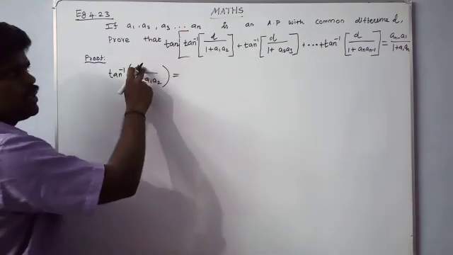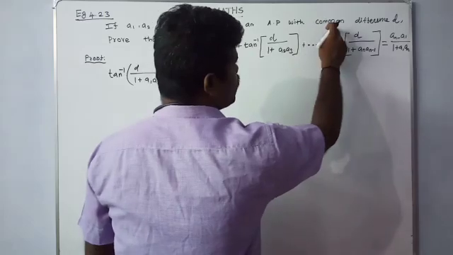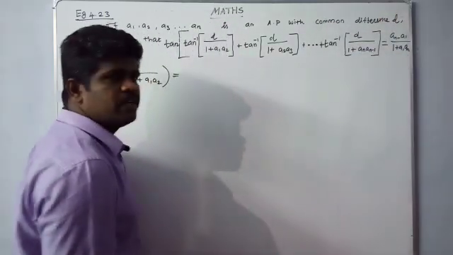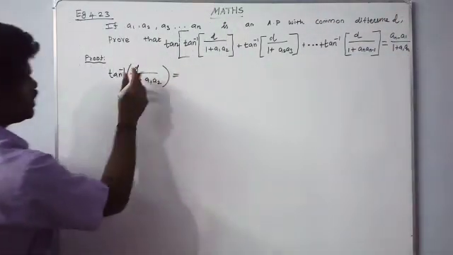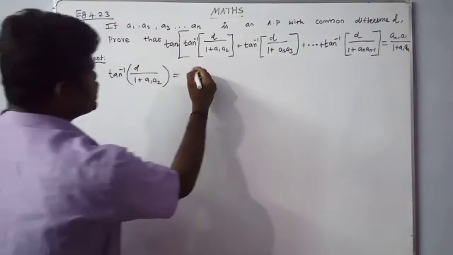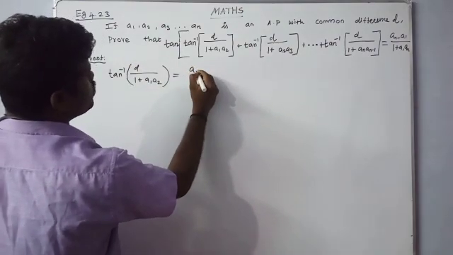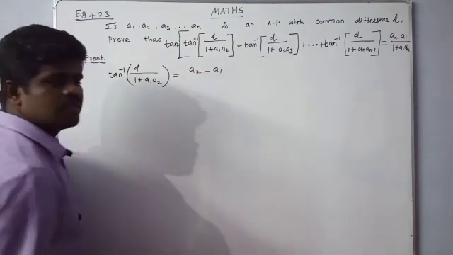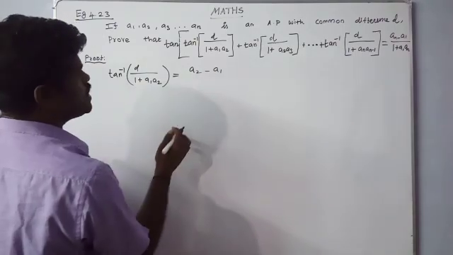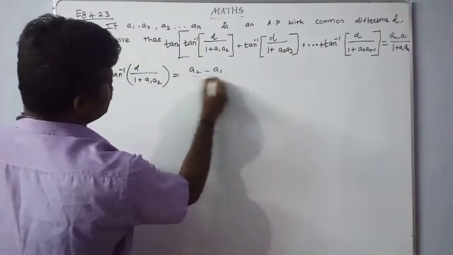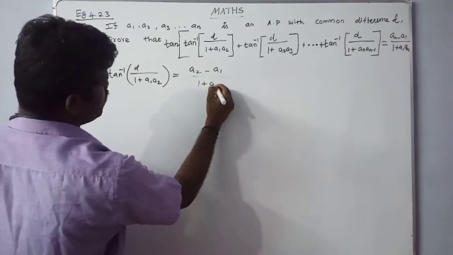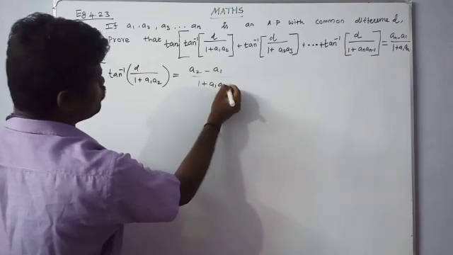Here d is the common difference of the arithmetic progression. Therefore d can be written as the second term minus the first term, a2 minus a1, divided by 1 plus a1 a2.